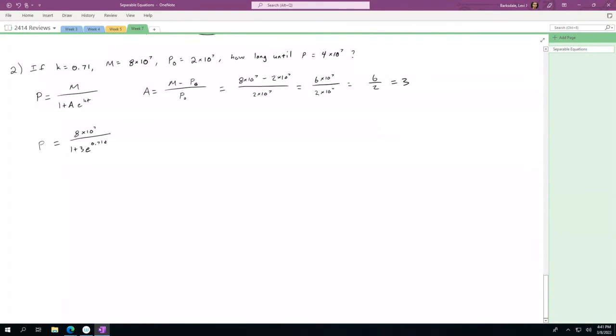Okay. Now I'm looking for when the population is equal to 4 times 10 to the 7th. So I'm going to set 4 times 10 to the 7th equal to 8 times 10 to the 7th over 1 plus 3e to the 0.71 t.